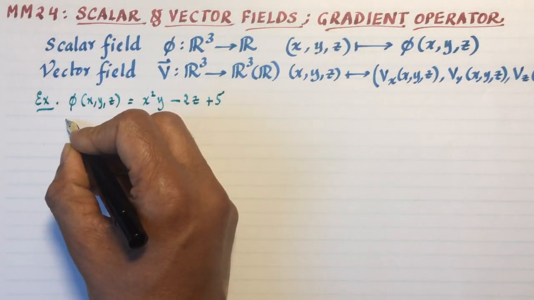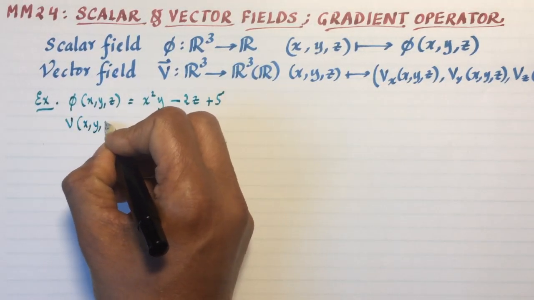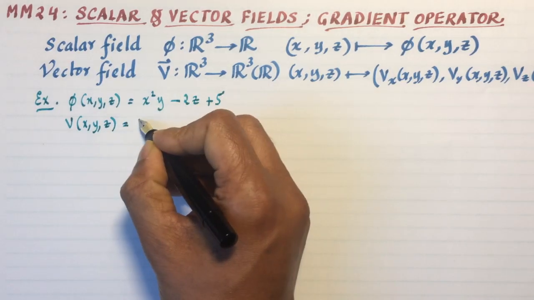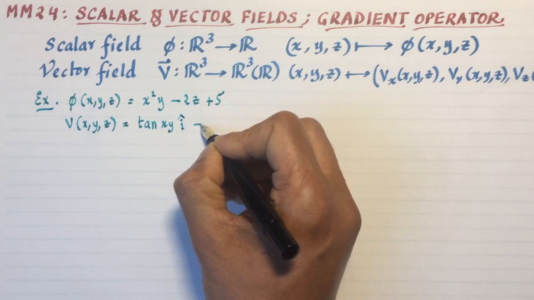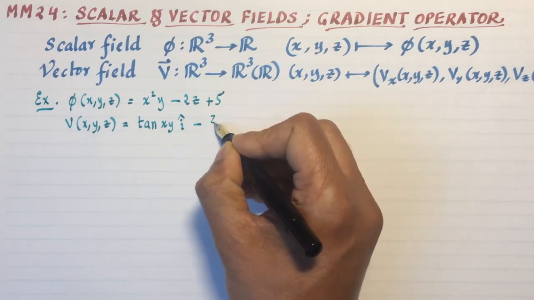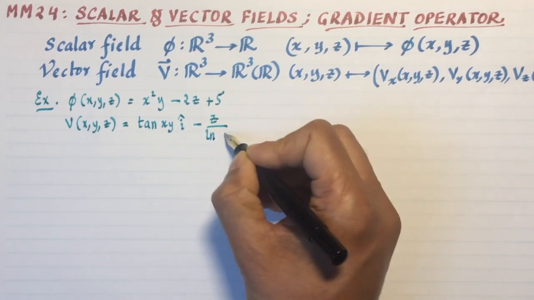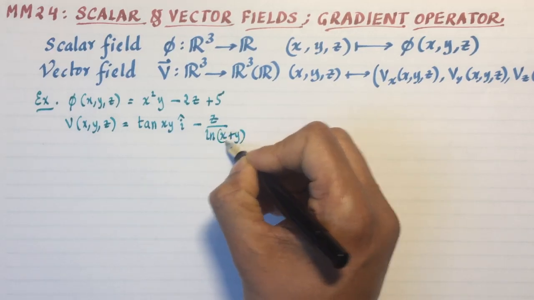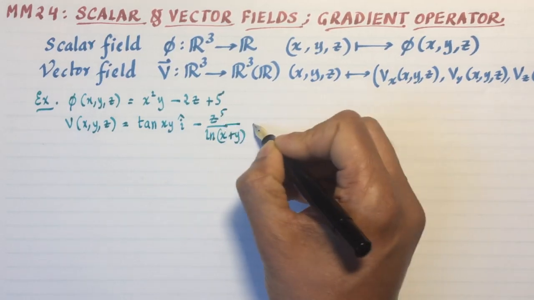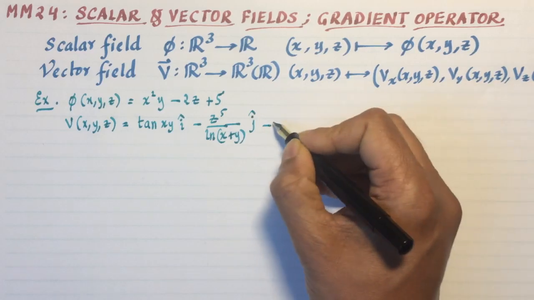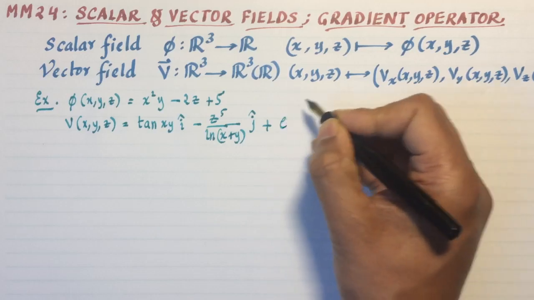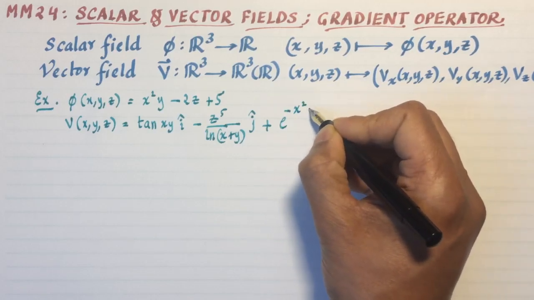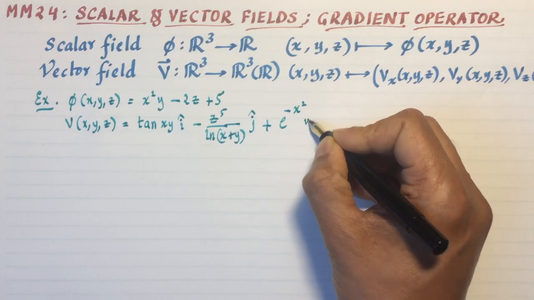And a vector field, v of x, y, z, you can get wildly inventive here. How about tan xy i hat minus z over natural log of x plus y, z to the 5, and then plus something else like e to the negative x squared times yz, k hat.